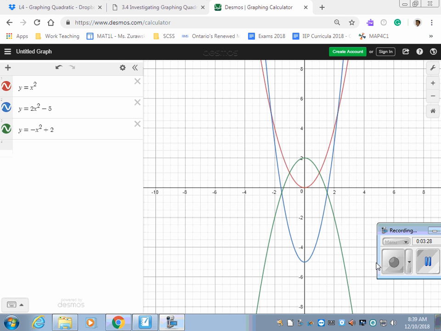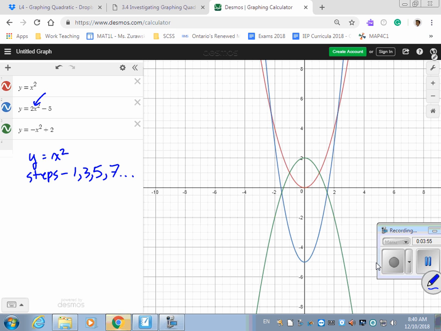Based on our discussions on graphing using the step pattern, you notice that for this graph here, y equals 2x squared, 2 is the base. Now, remember, for y equals x squared, the steps that we use are 1, 3, 5, 7, and so on.